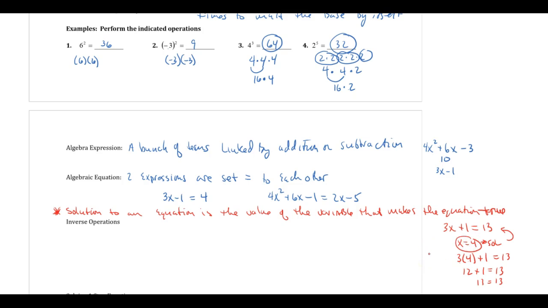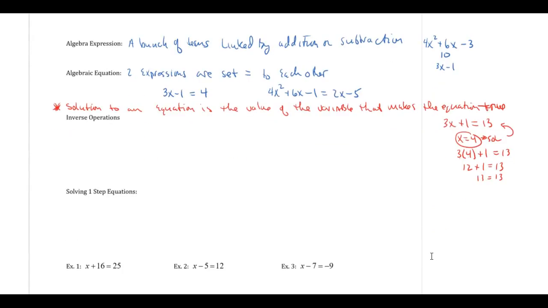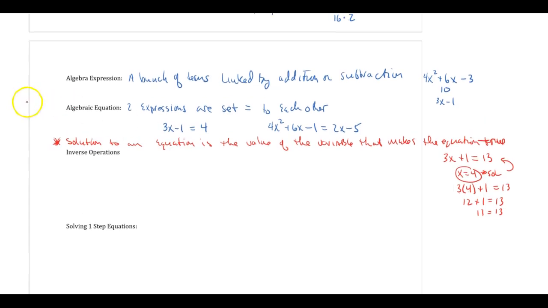All right. Now, how do we solve equations? We use inverse operations. So if I tell you an operation, an inverse operation is the operation we use to get rid of it. Okay? So for instance, if I tell you the operation is addition, the inverse operation is subtraction.